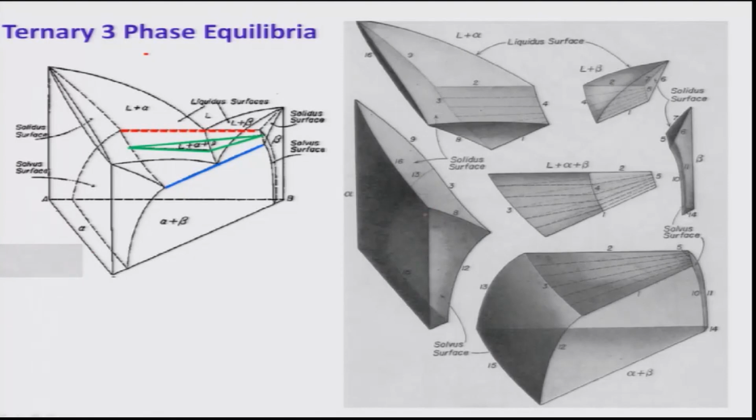If you see alpha, alpha has this much of B, this is C end, and then it goes like that, correct. Similarly, this goes like that, then it is coming isomorphous, and finally it is meeting there. This is one geometry, this is the alpha phase field, primary alpha phase field.